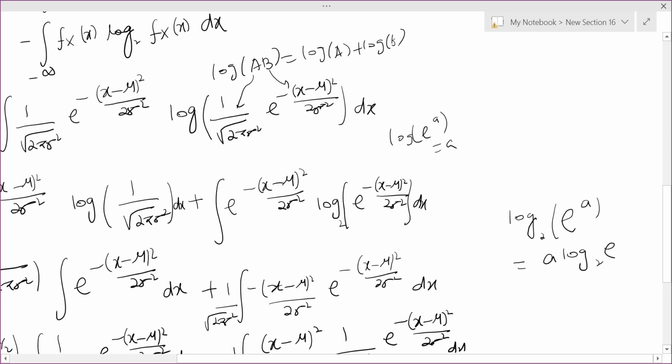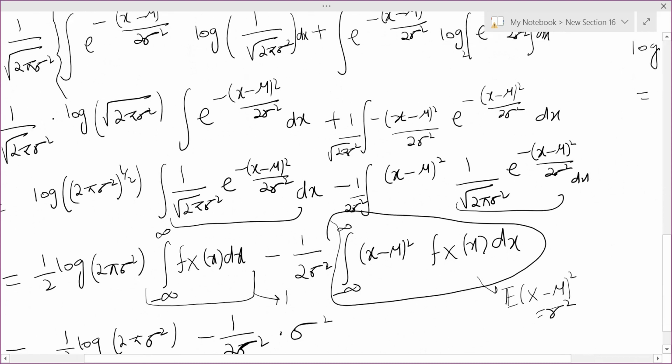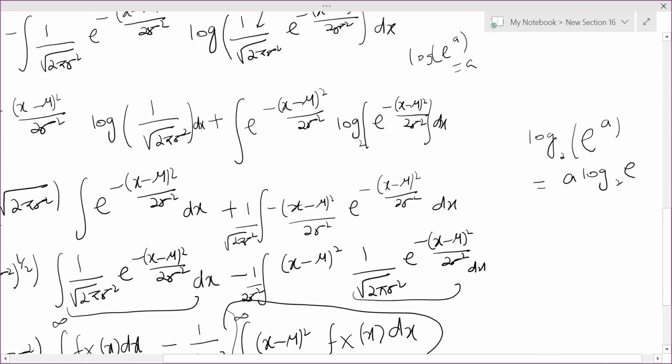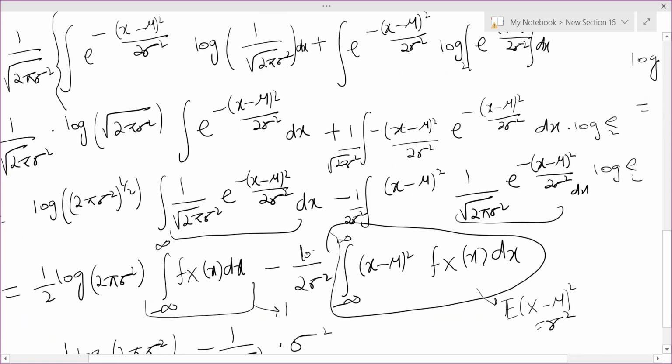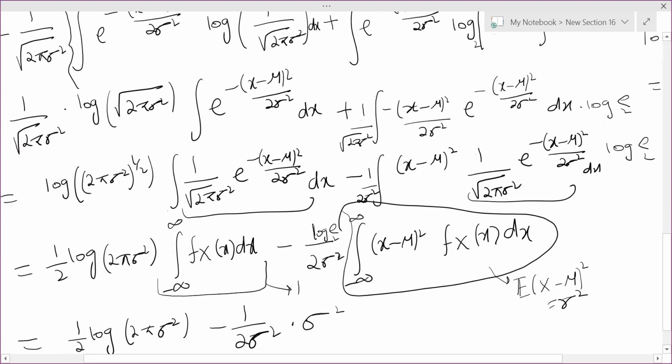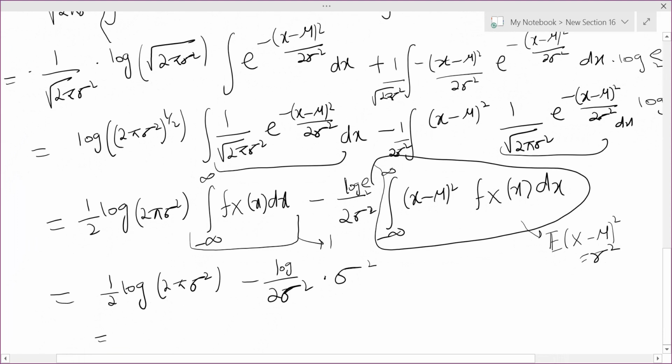That we have to be very careful about. So I have missed one term here. So there should be log e to the base 2 everywhere. So that will come out here, log e to the base 2.